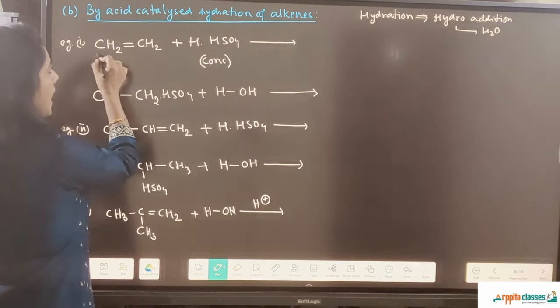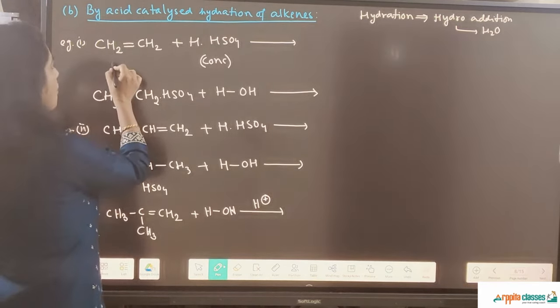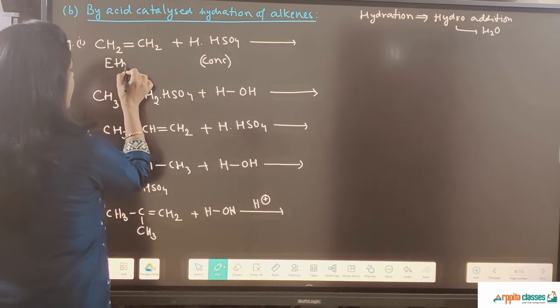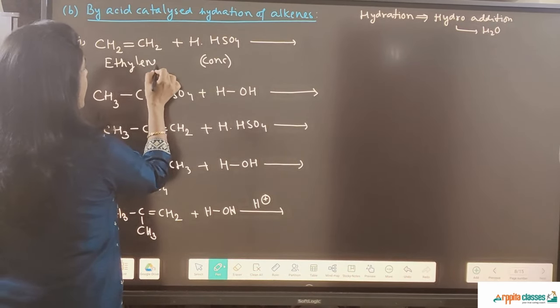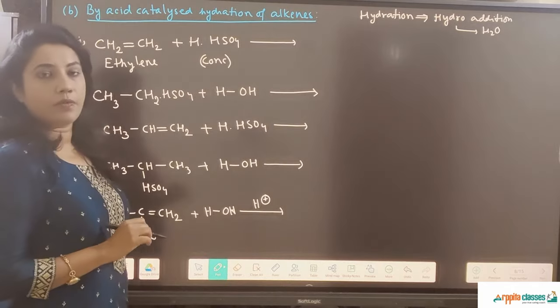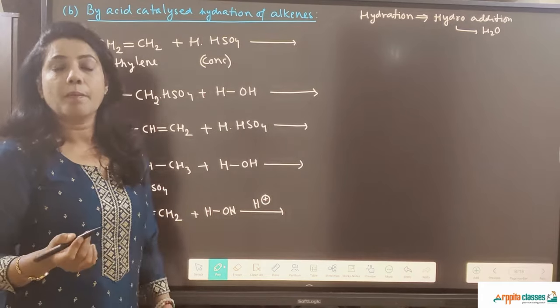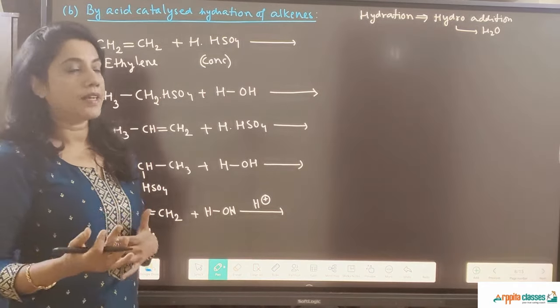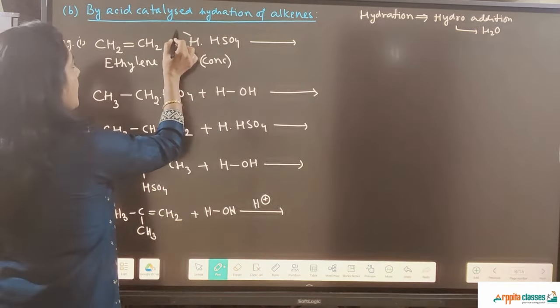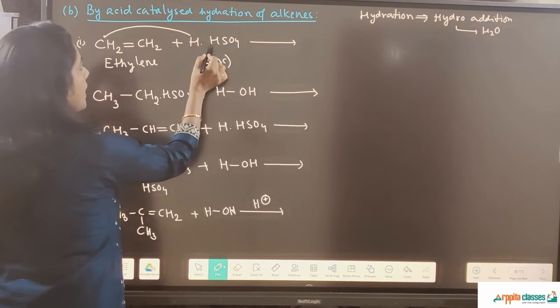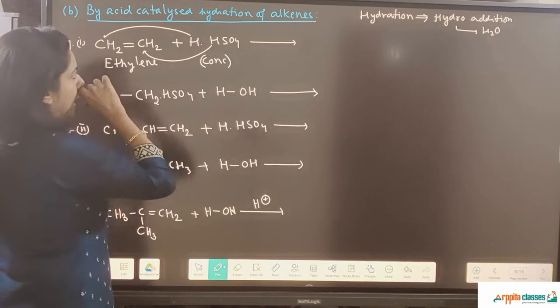So first we are taking alkene. Here I have taken the example of ethylene. This is my ethylene, or ethene you can say. And that is reacted with the acid first, concentrated H2SO4. So we know that unsaturated compounds go for addition reaction. So here the addition will take place. H will get added to one carbon atom and HSO4 will get added to another carbon atom.